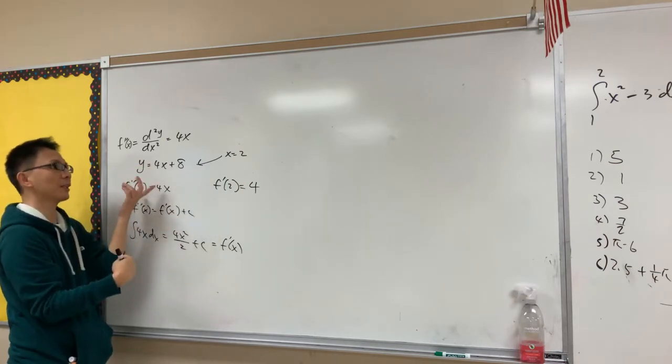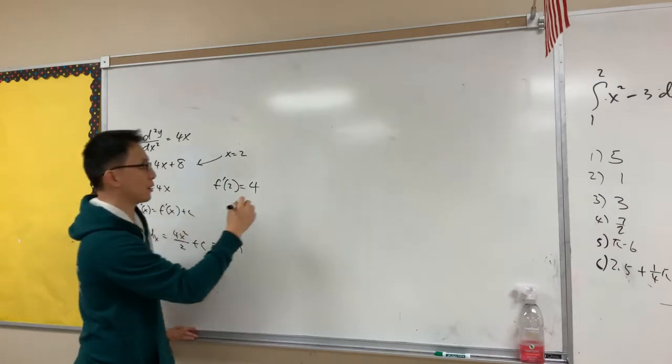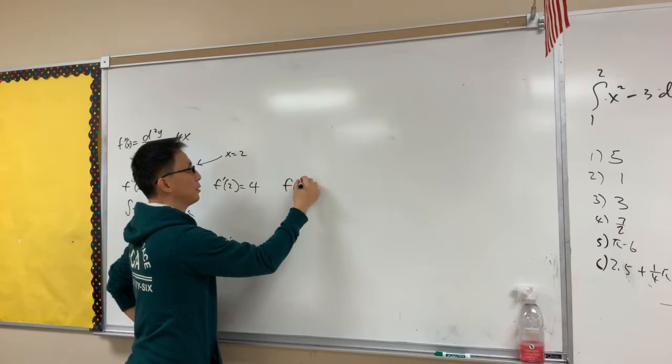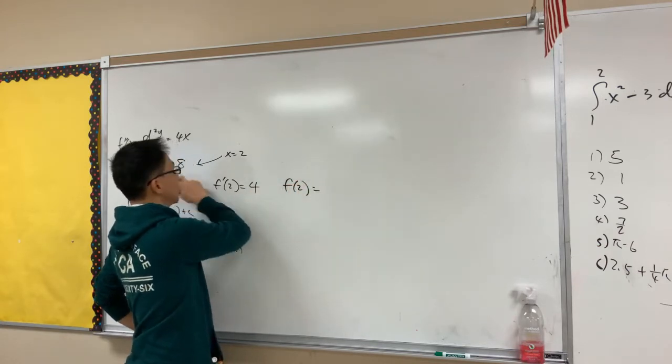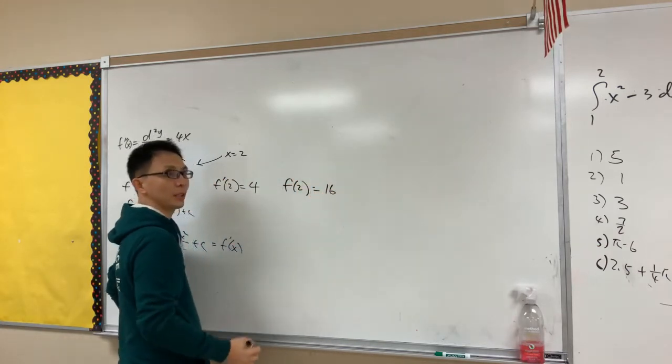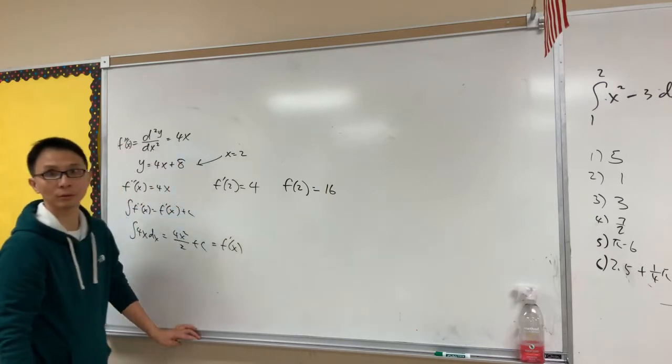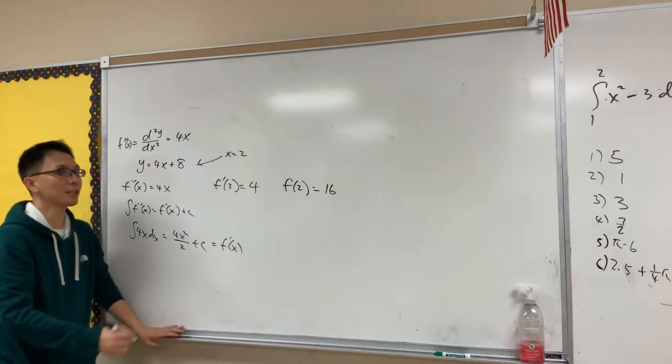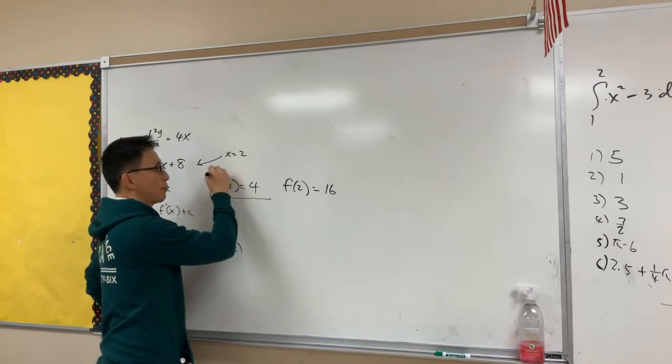So you can plug in 2 into this and get a y value. That means f of 2 is equal to 16, I think. Is that right? So that's it. This is the hardest part, extracting this information.